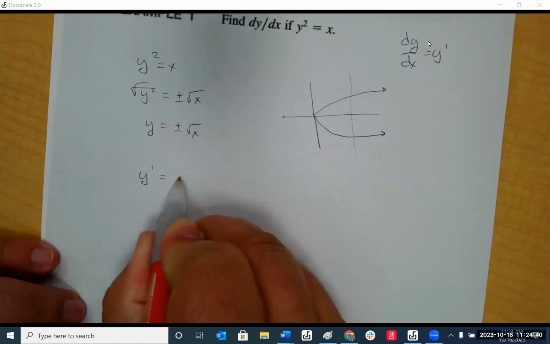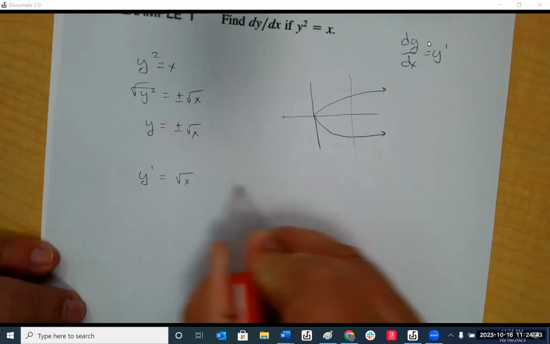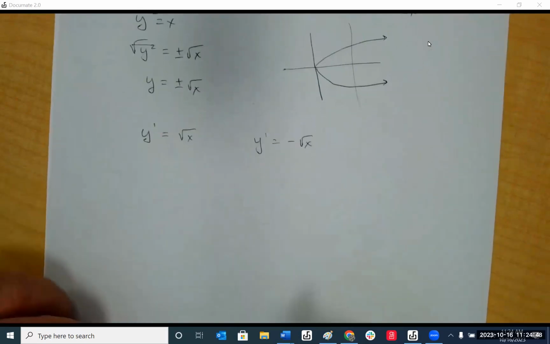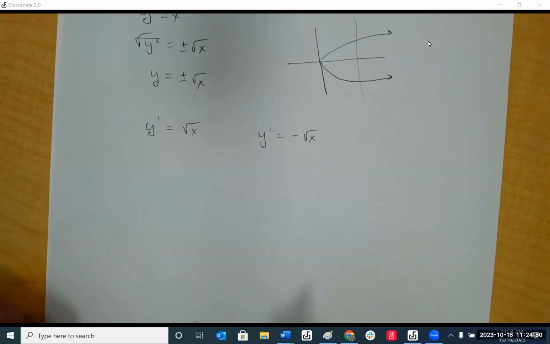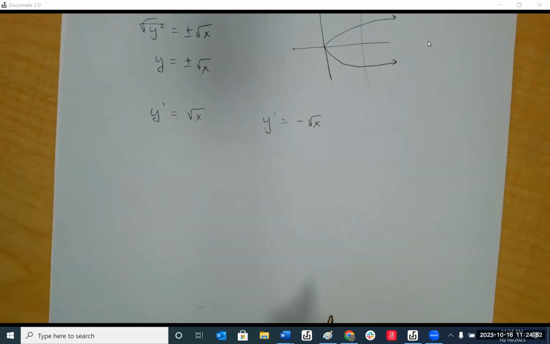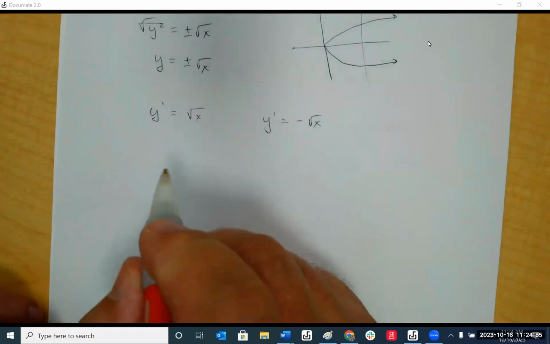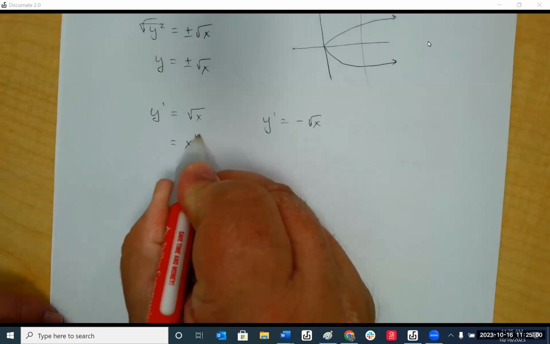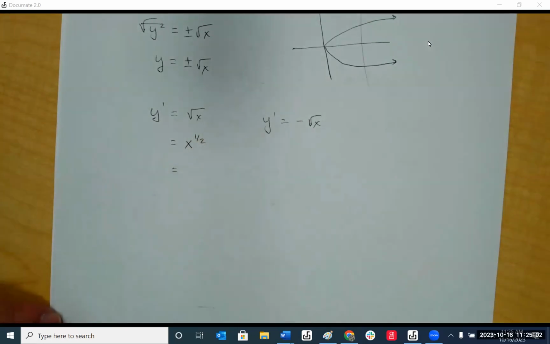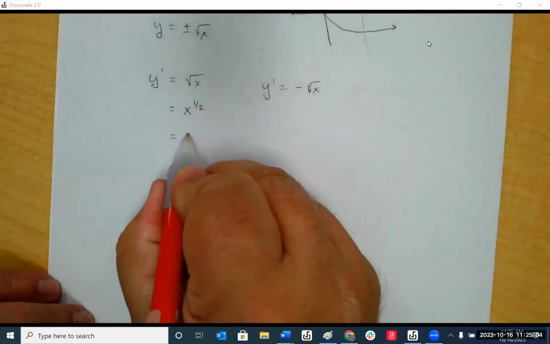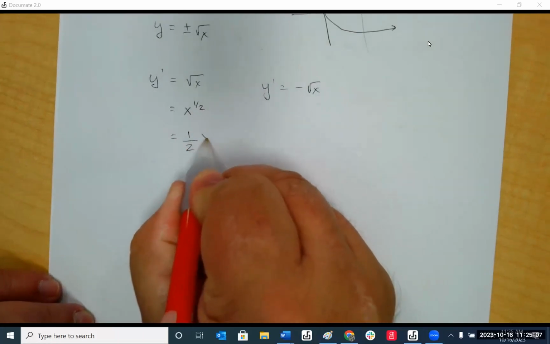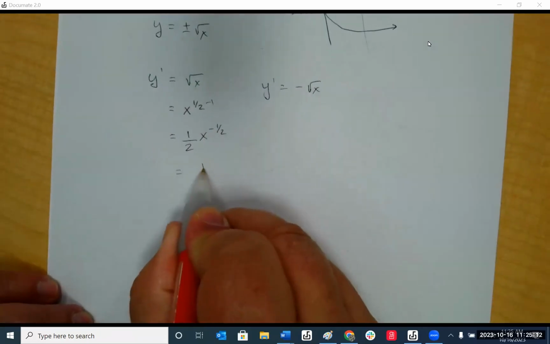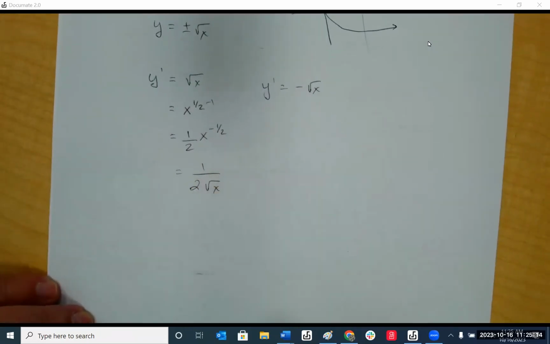To take the derivative of it, I'd have to take the derivative of that one, and I'd take the derivative of this one. So what's the derivative of square root of x? Subtract one, so it's negative 1/2, which is 1 over 2 radical x.